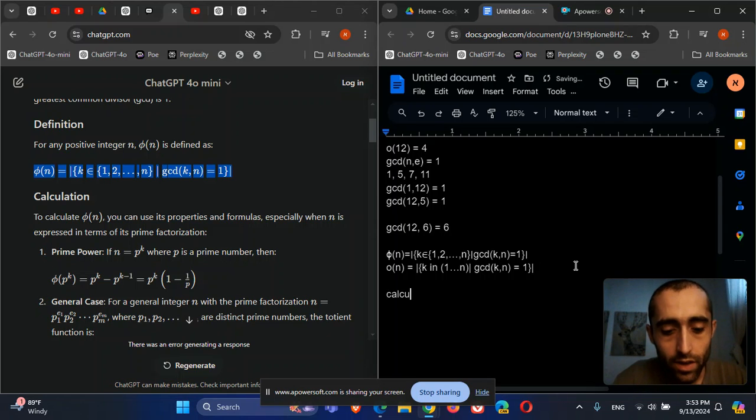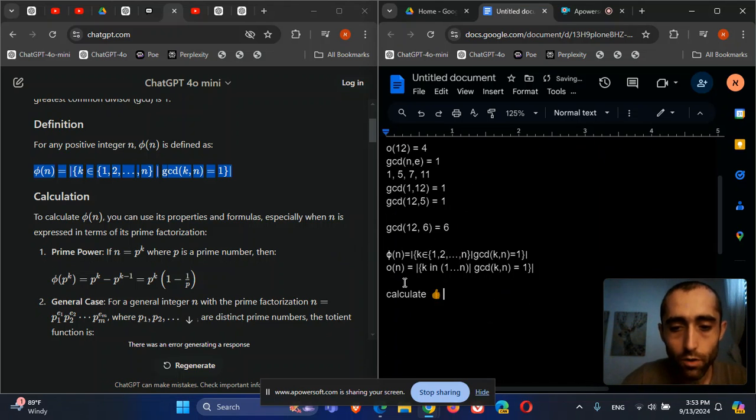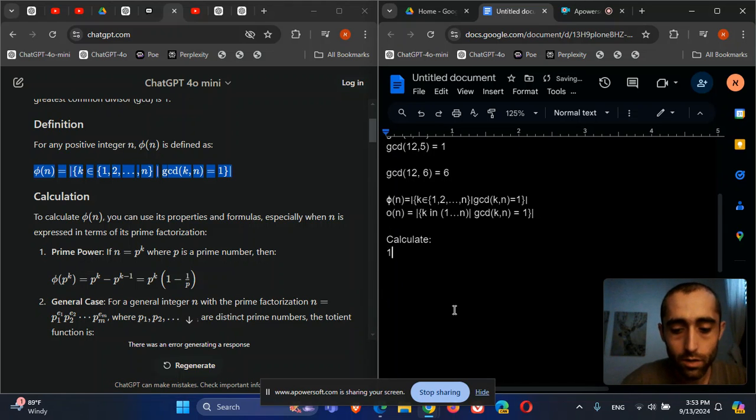So how can we calculate it? We can do brute force, as I did, checking one number after the other from 1 to n. Or we can use the formula that you can see right over there. The first formula is for when n is a prime number to the power of some integer, where p is a prime number.